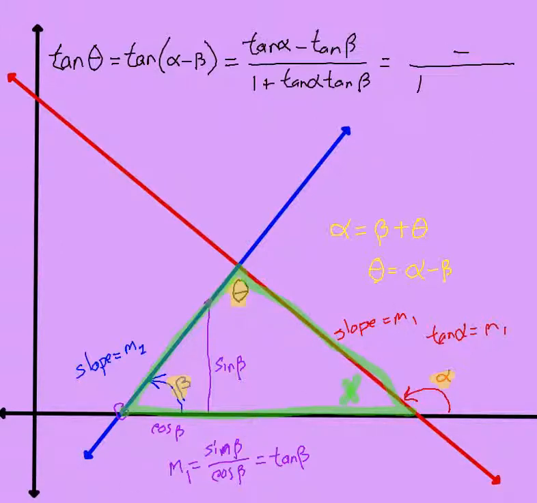So wherever I see a tangent of alpha, I'm going to put m1. And over here, this is plus m1.